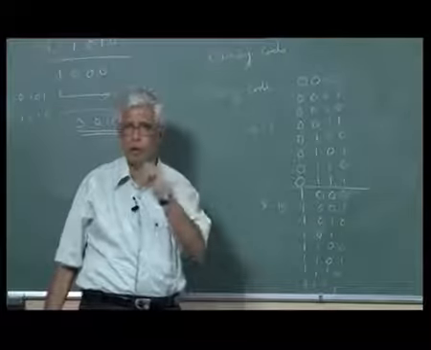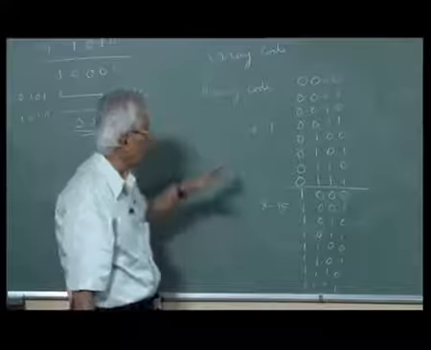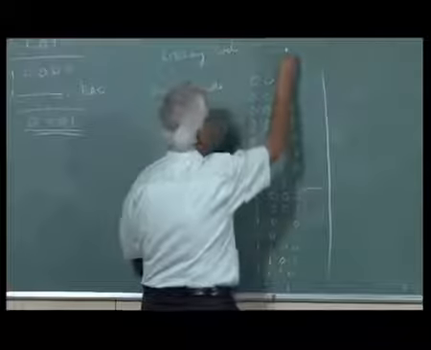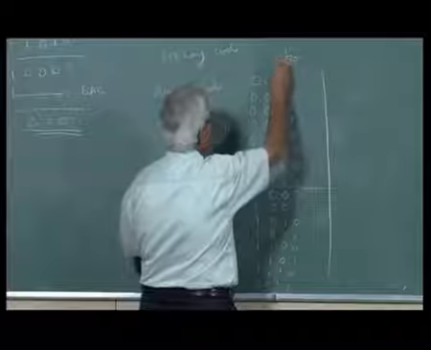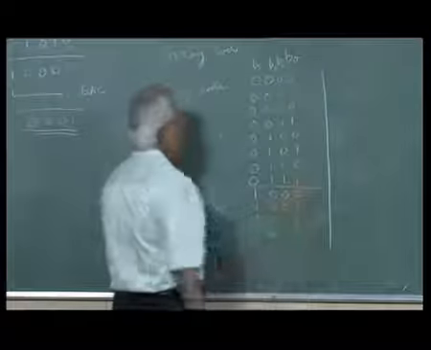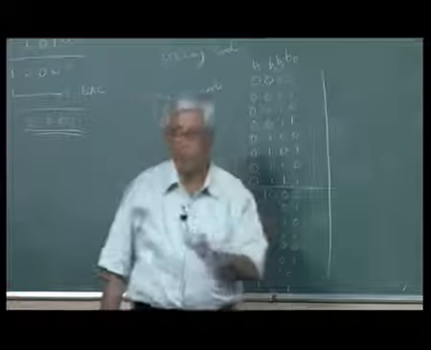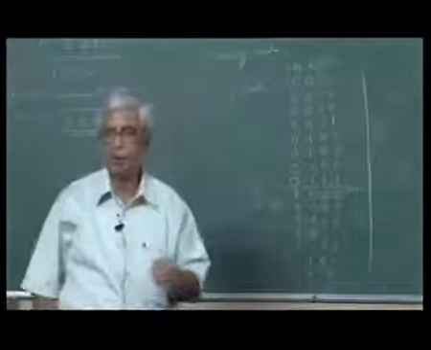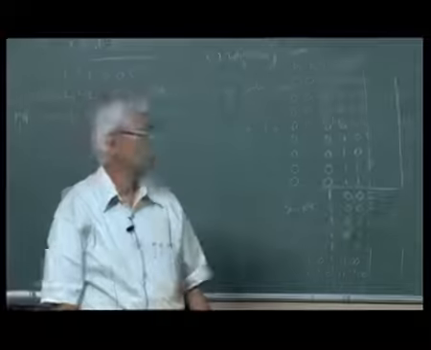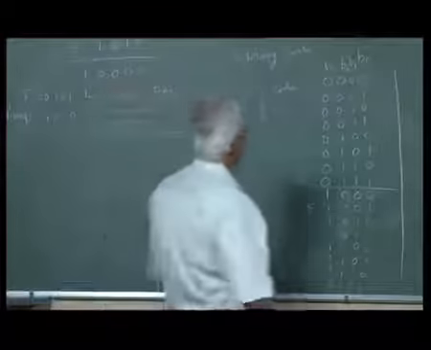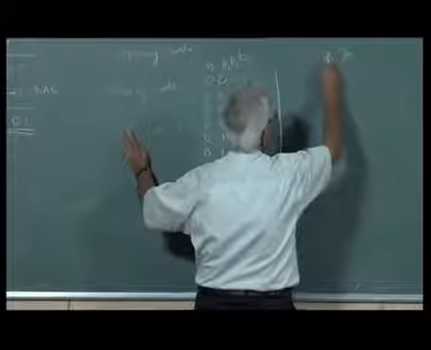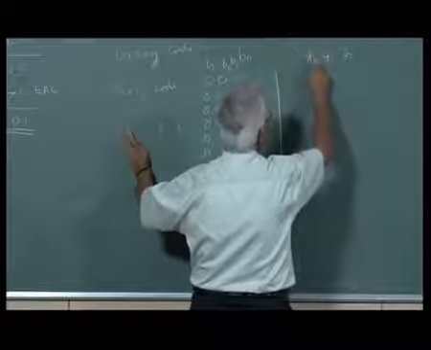But where do we use Gray code? Here we will call the binary bits B0, B1, B2, B3, corresponding to the code which we normally use. Now in Gray code we will call them G0, G1, G2.